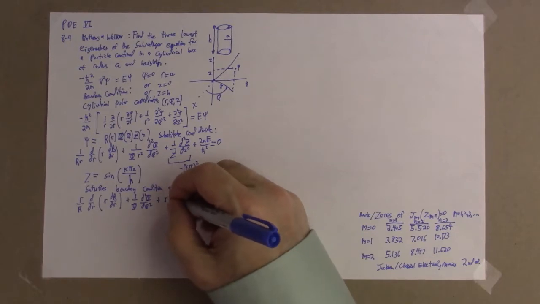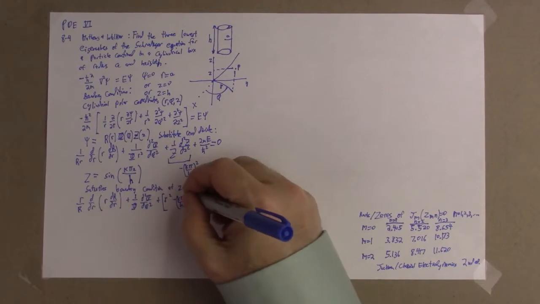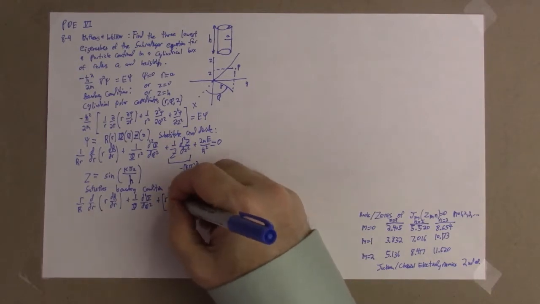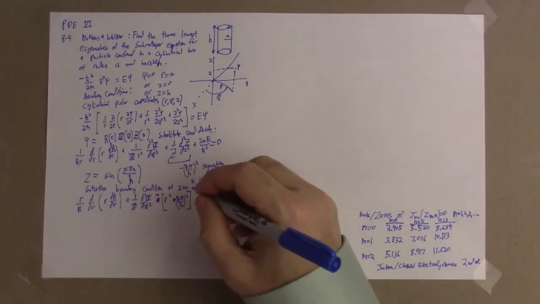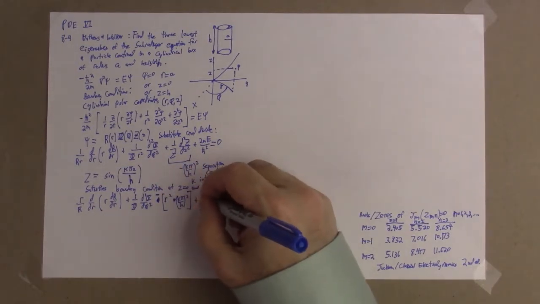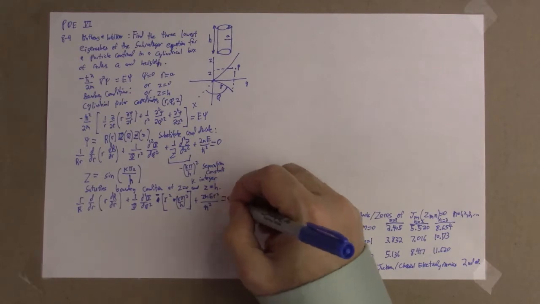This should be a minus here, I believe. r squared times minus k pi over h squared. Okay, I'm going to just change that to a minus sign there. Plus 2me r squared over h bar squared equals 0.